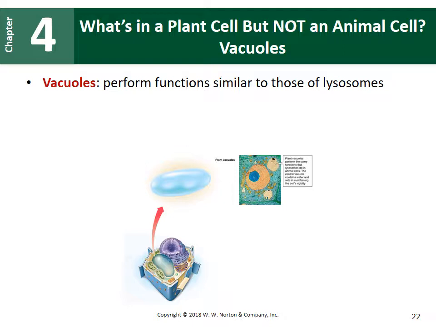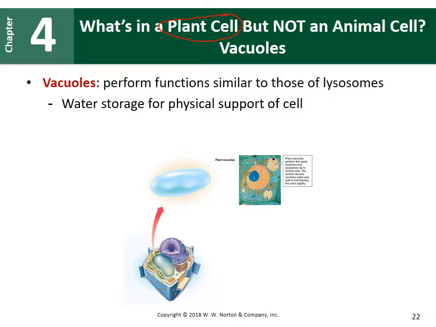There are two other structures that we're going to look at within our eukaryotic cells, and these two structures are found in plant cells, but not in animal cells. The first structure is called a vacuole, and this performs similar functions to those of the lysosomes. So they help to recycle nutrients, and it also helps to store water for physical support of the cell.